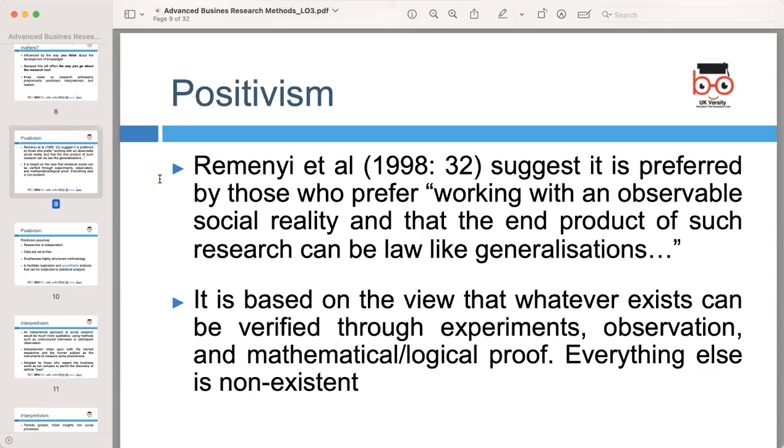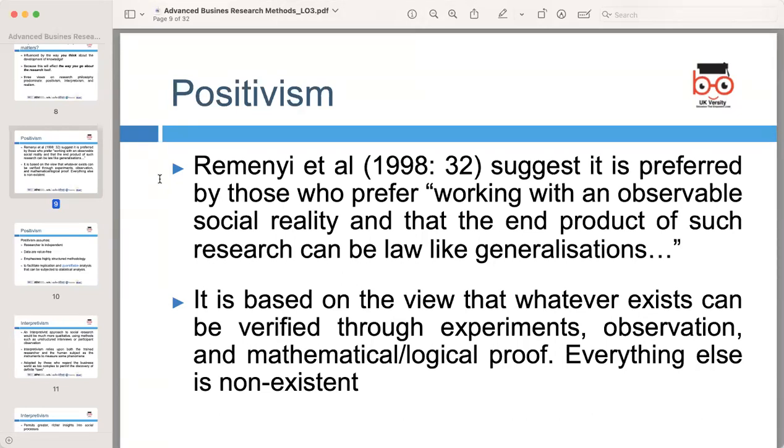So what exactly is positivism? It is based on the idea that anything that exists can be verified through experiments, observations, and mathematical or logical proof. So in other words, positivism believes that if we cannot observe or prove something, it does not exist.